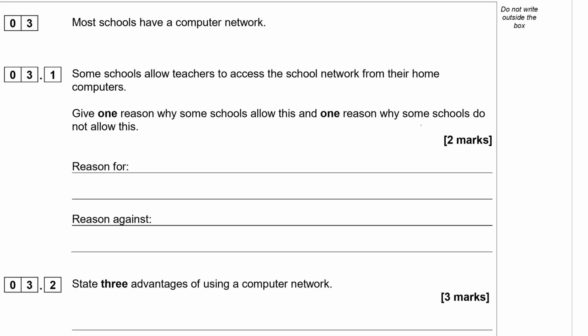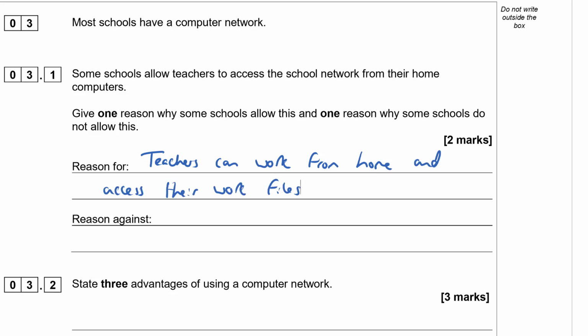Well, thinking about this school scenario, a reason for might be that it enables teachers to work from home. So one reason for might be teachers can work from home and access their work files. Well, what could a risk be? Well, a risk could be the idea that maybe the security on the home computers might not be as strong.